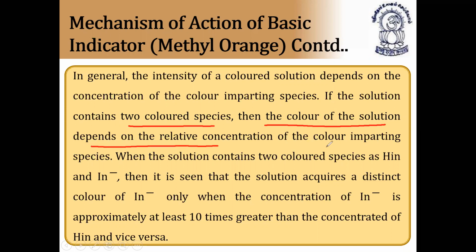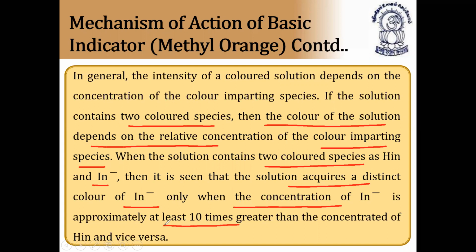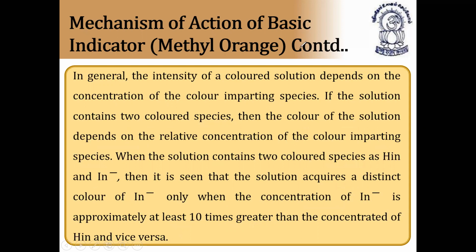When the solution contains two colored species such as HIN, the indicator, and IN-, the solution acquires a distinct color of IN- only when the concentration of IN- is at least 10 times greater than the concentration of HIN, and vice versa. So if the concentration of IN- is 10 times greater, only then can it show the color difference. Otherwise, it will not show any color difference. Very, very important point. Please note it down.